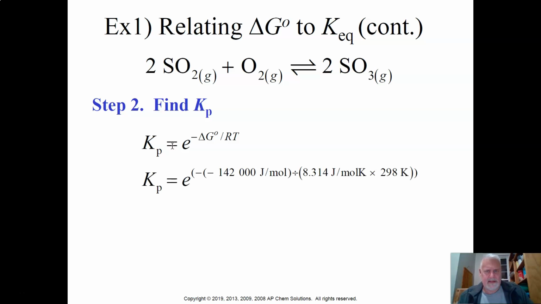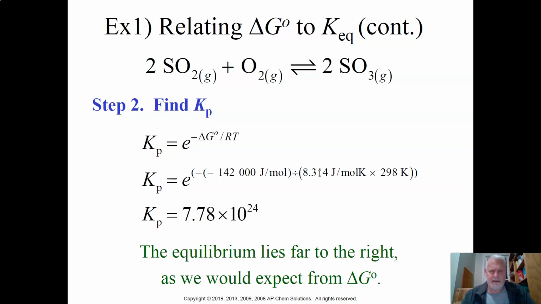So we've got the delta G figured out, and you want to be careful here because it's a negative of a negative, and you got to do the parenthesis thing, and just be real careful with the order of operations, because you're going to take e to this whole power. So I would really be careful about crunching that number.